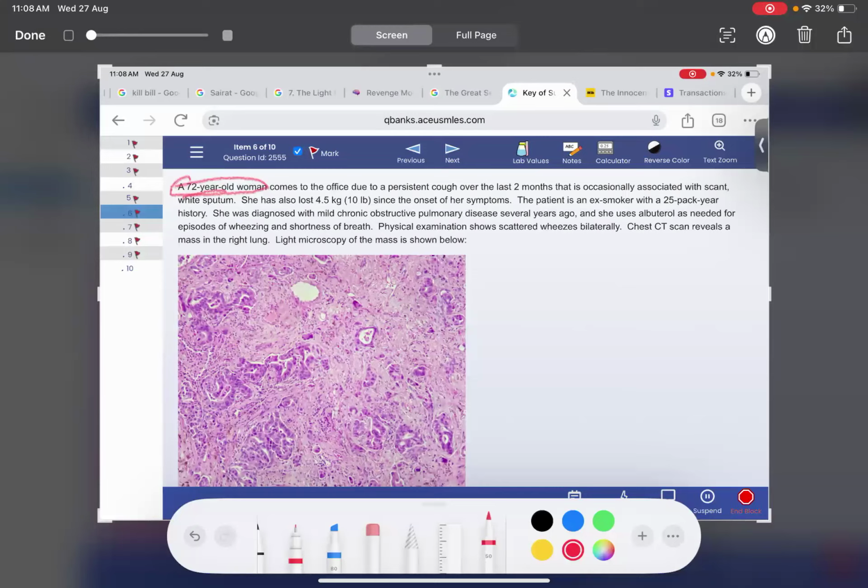This is one of the glands, of the invasive type. These are also glands. But let's discuss the normal physiology a little bit.